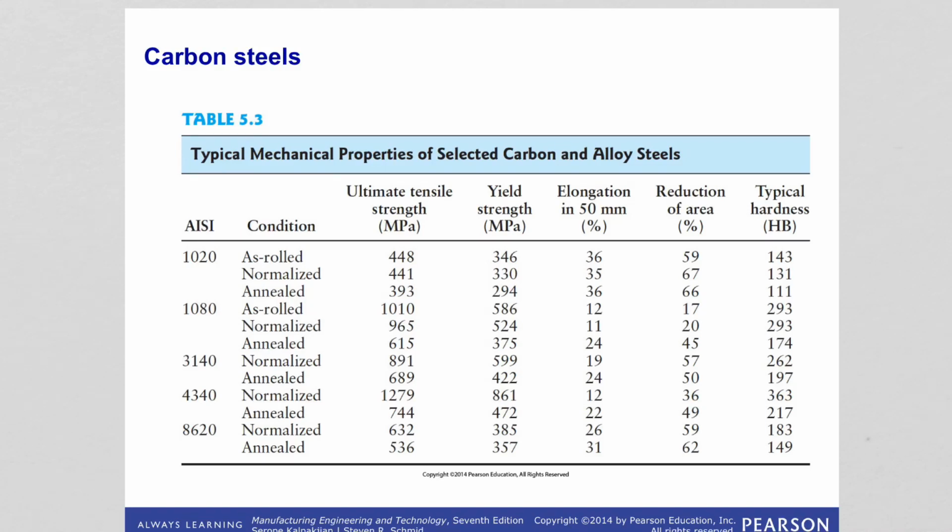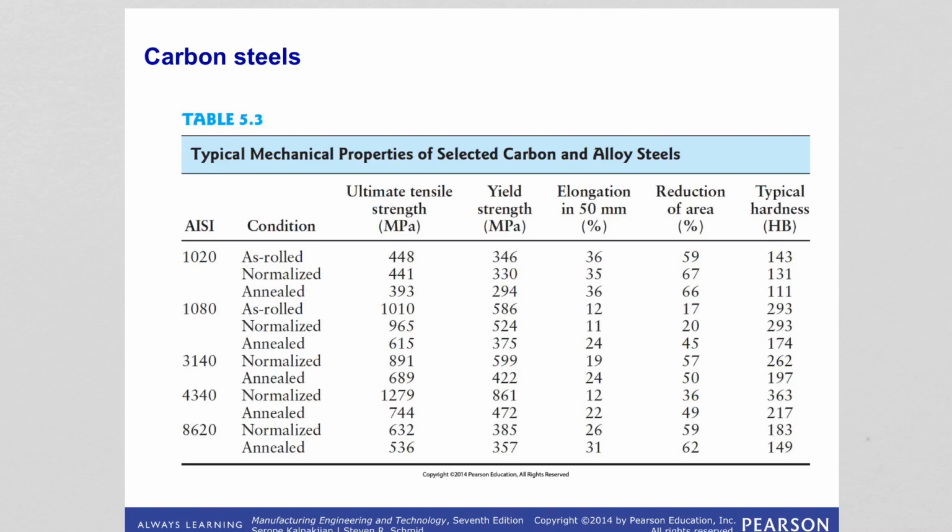Here in this table, we are seeing general mechanical properties of carbon and alloy steels. You can see in the table the ultimate tensile strength, yield strength, ductility, and hardness values of different types of carbon steels and alloy steels.